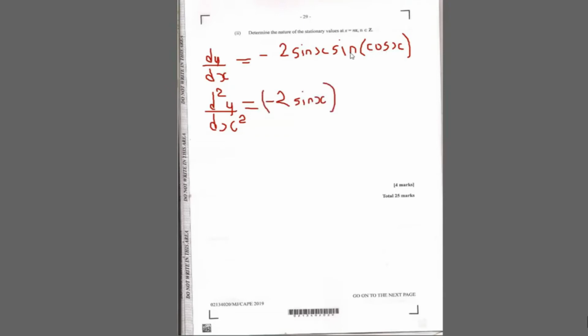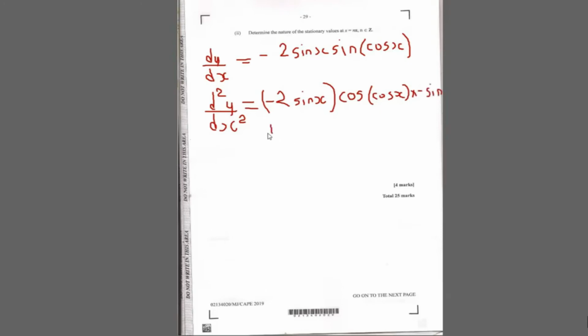When you differentiate sine of cos x, when you differentiate sine, you get cos. So you're going to get the cos of cos x multiplied by the derivative of cos x, and the derivative of cos x is minus sine.